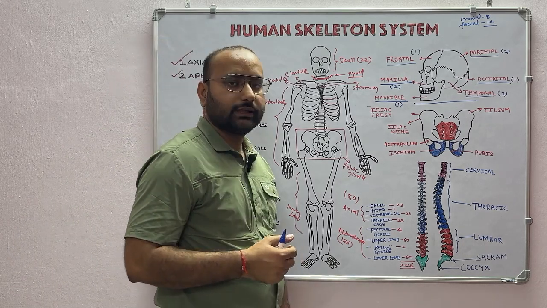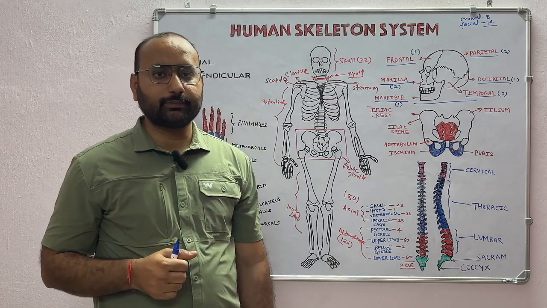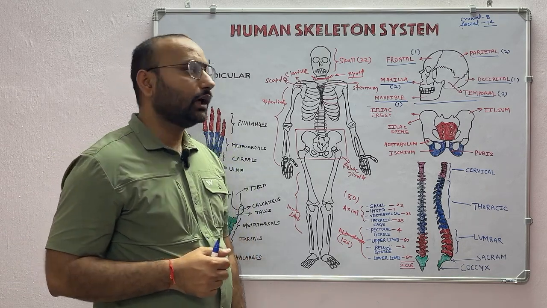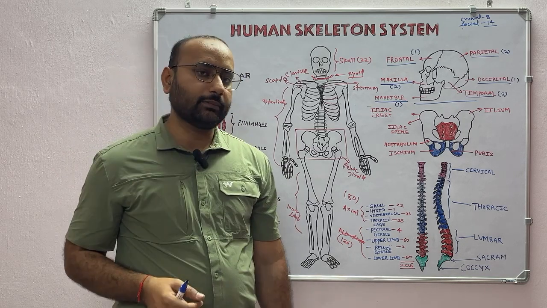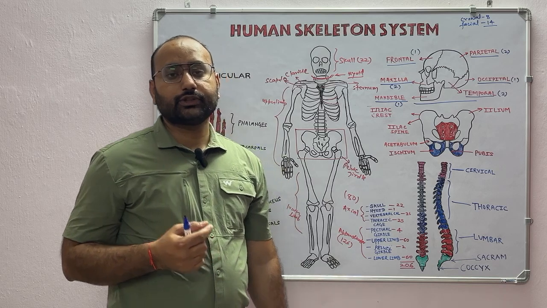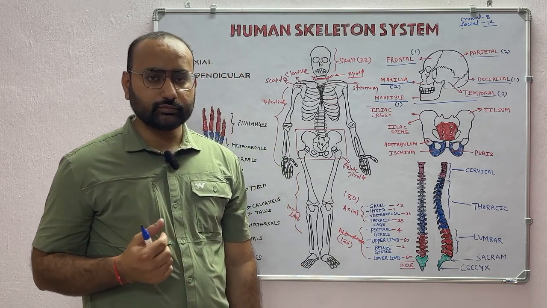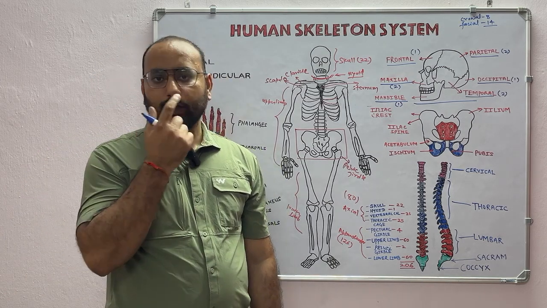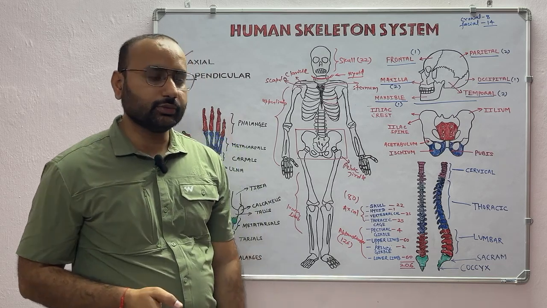Then you have the nasal conchae, which are the lower part of your nasal septum, right? And then you have the lacrimal bone, which is part of your eye socket, near the lacrimal gland. And then you have the palatine bone, present at your palate. And lastly, you have the zygomatic bone, at the left and right part of your cheek. So these are the cheek bones, right?